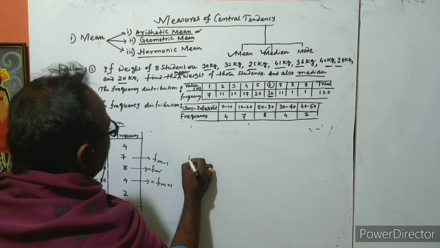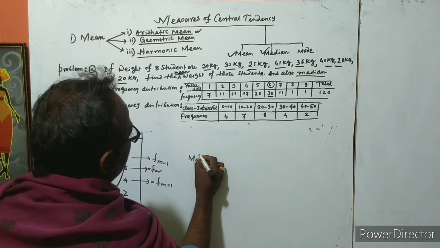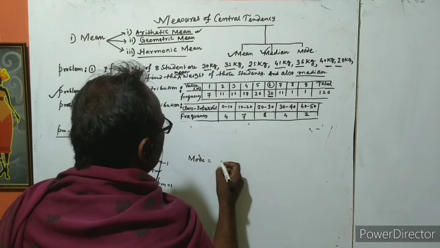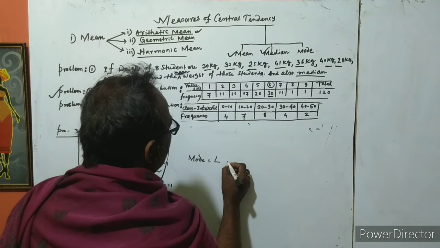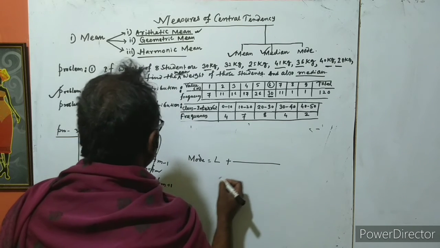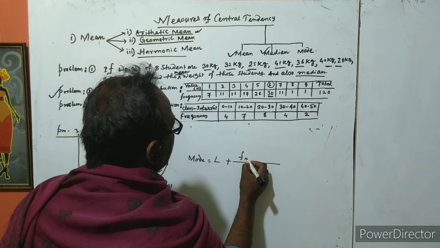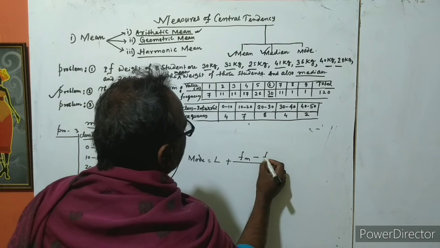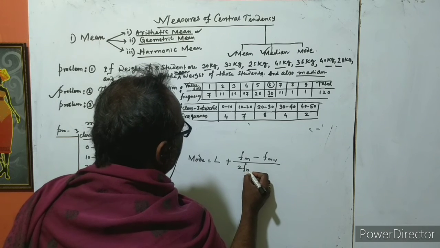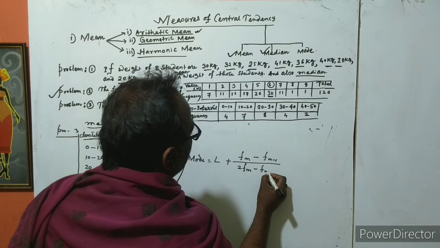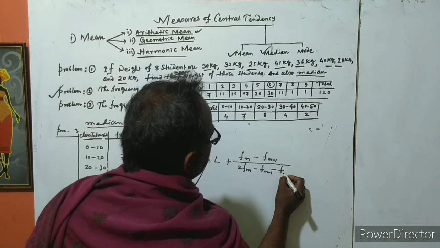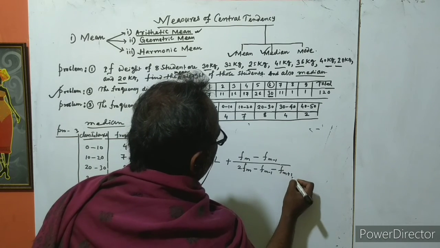And mode is equal to L, the lower class limit of the modal class, plus Fm minus Fm minus 1 by 2 Fm minus Fm minus 1 minus Fm plus 1.